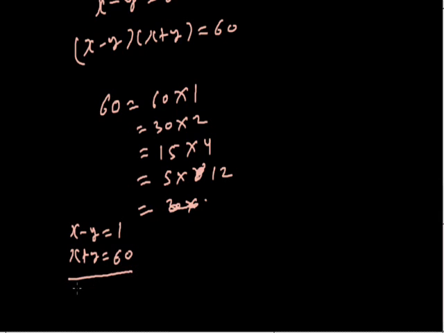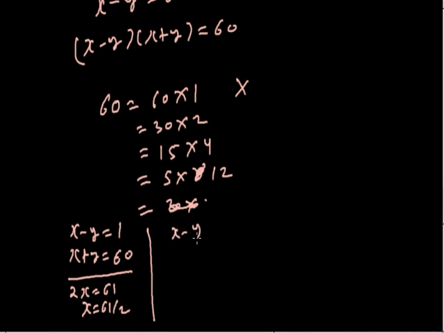When we add these equations, we get 2x equals 61. From this we get x as a fraction, which is not possible. So this option is wrong, because it is given that x is a natural number.